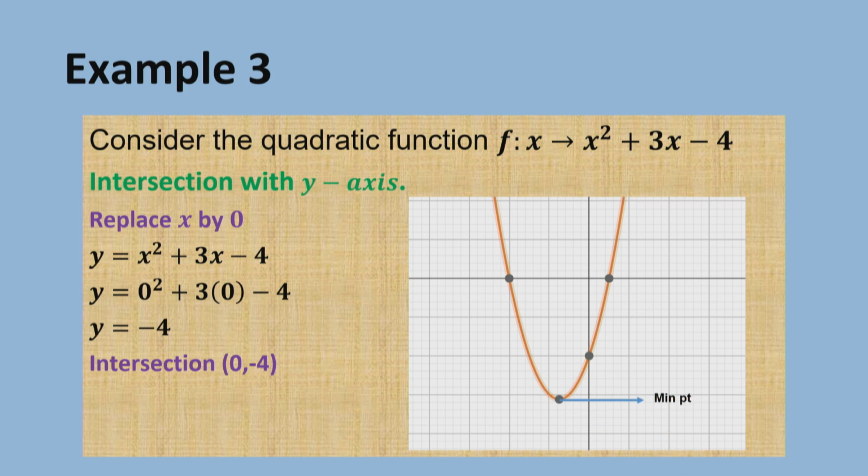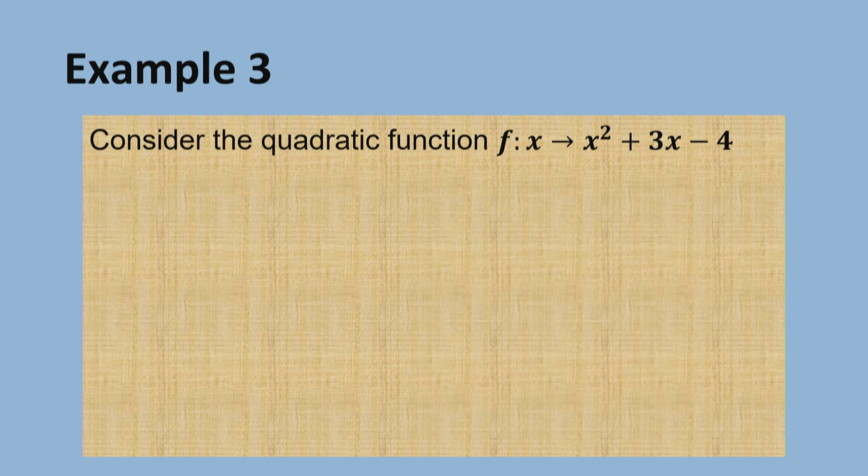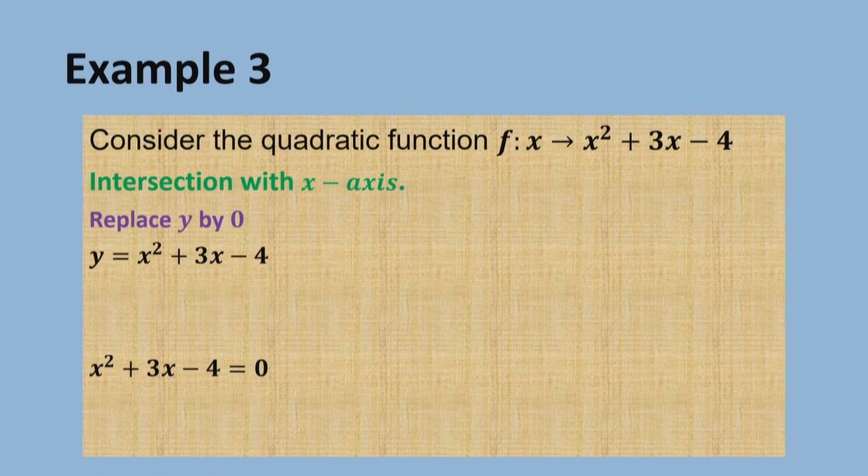That's the minimum point. And here we have the intersection. What do we need to do now? Well, we need to find the intersection with the x-axis. So for the x-axis, you replace y by 0. So that will be x squared plus 3x minus 4 equal to 0. How do we do that?